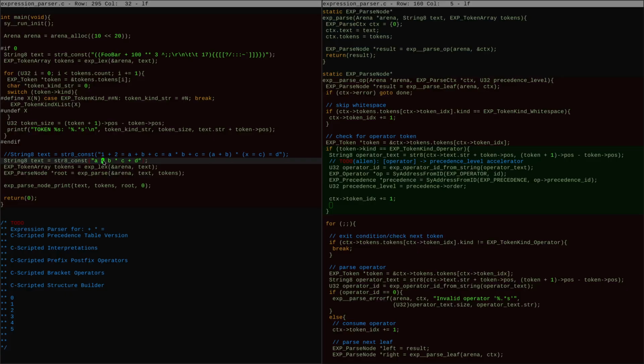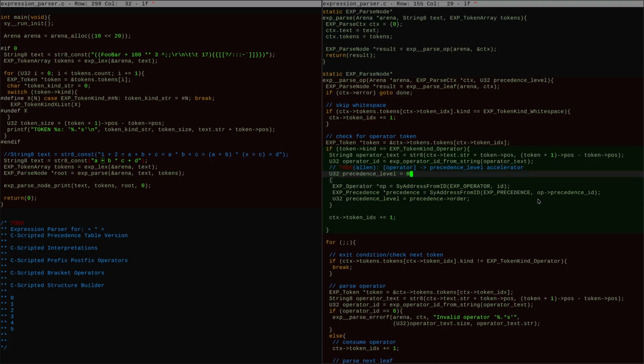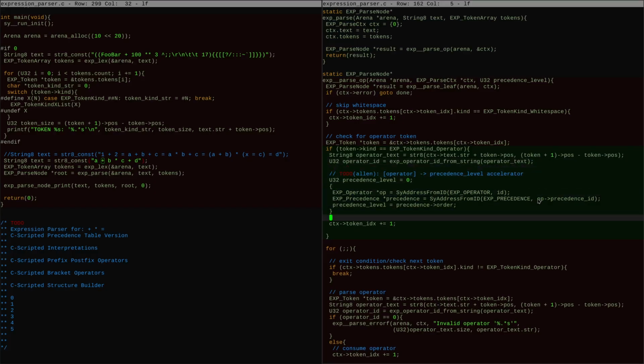If there is an operator, we've got that, and the precedence level that goes with it and store that information. So we've got our first leaf here, and our first operator is basically this information, right? All of this is something we computed from the operator ID. So we might rewrite it like this to separate it out properly for now, right? So really, this is the thing we are going to store later, but this information is also important, the precedence level, and we want to be able to get that quickly from an operator ID to make this better.